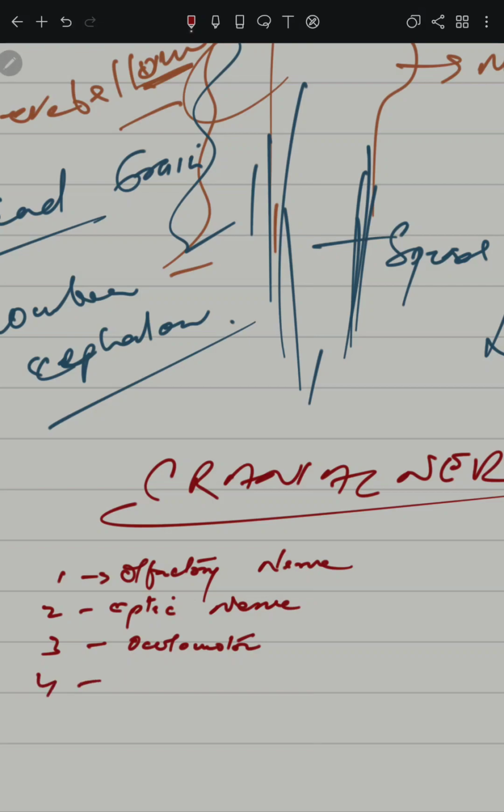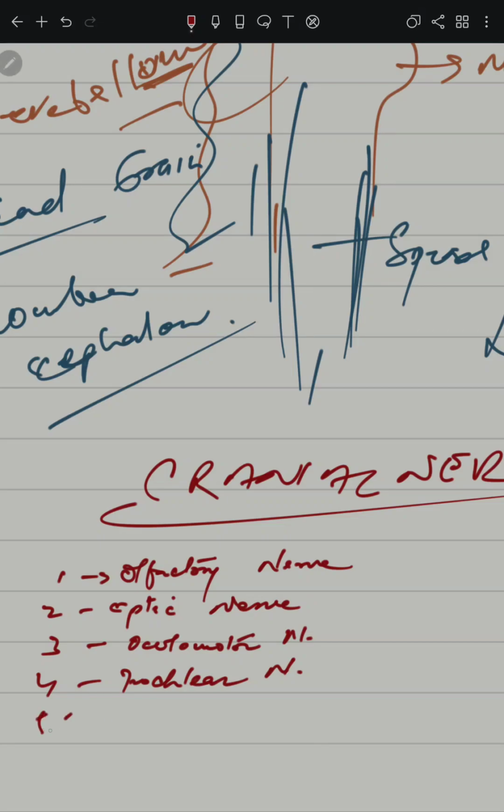Then the fourth is the trochlear nerve. It's the up and down movement of the eye, back and forth, like a seesaw.